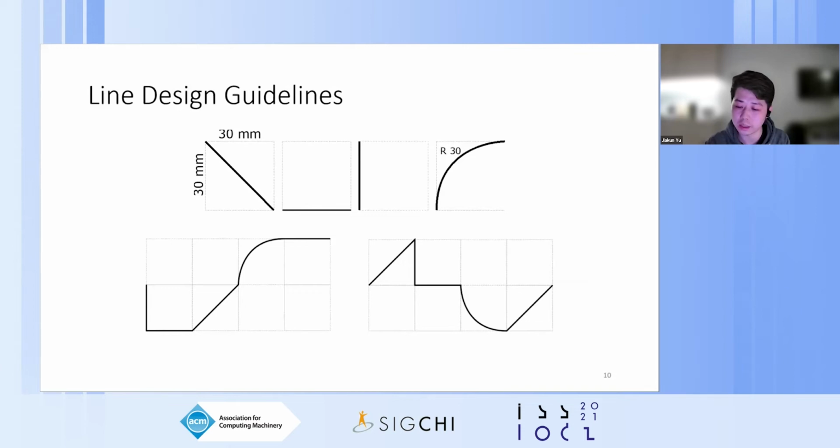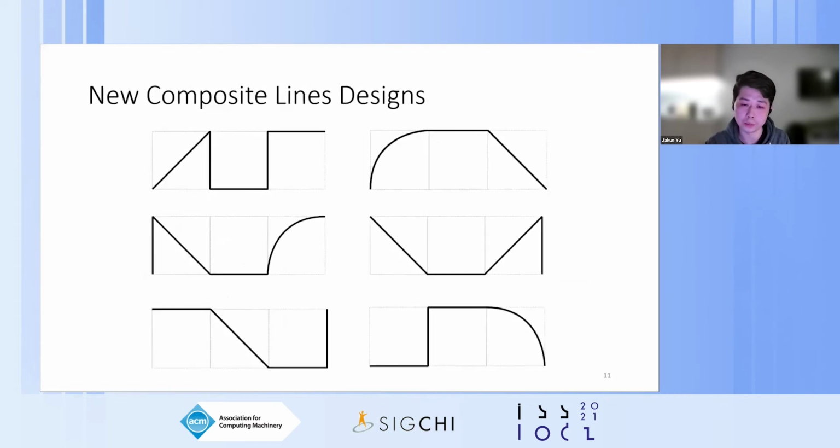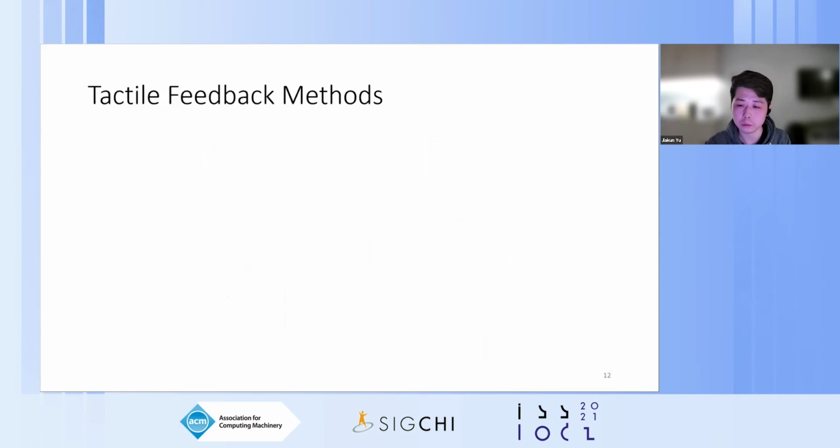To reduce the length of our user study, we decided to redraw the lines. As a result, we developed this new composite line set that can also be used for further line tracing research. And they are used in our first user study.